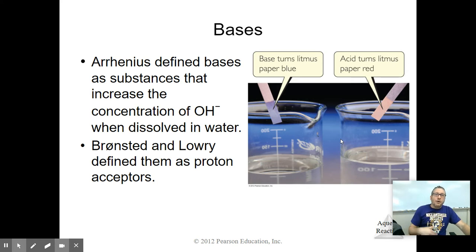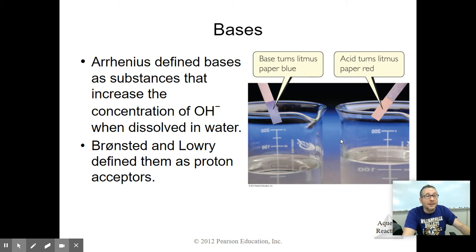Bases. Arrhenius, as we just said, also did bases. He said that bases are substances that will increase the concentration of hydroxide ions when dissolved in water. And then Brønsted and Lowry said that they were proton acceptors. Okay, where acids were donors, these bases will be proton acceptors.